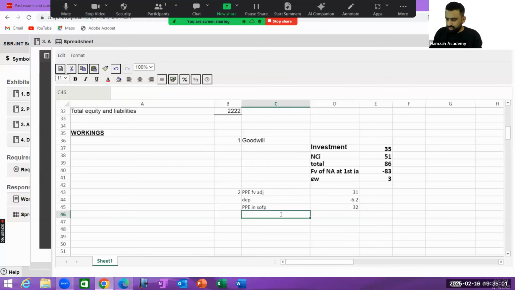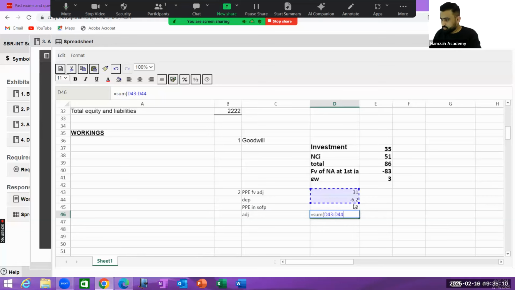So the value which needs to be adjusted in the consolidated financial statement is equal to 56.8 million. 56.8 million is the fair value, and that is the total value of the property, plant, and equipment relating to the subsidiary company, which has been included in the above consolidated financial statement.